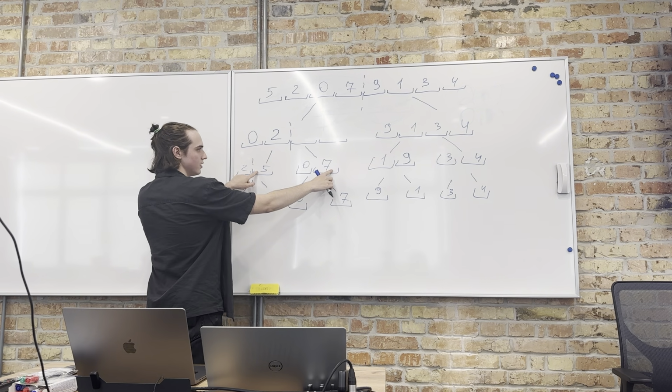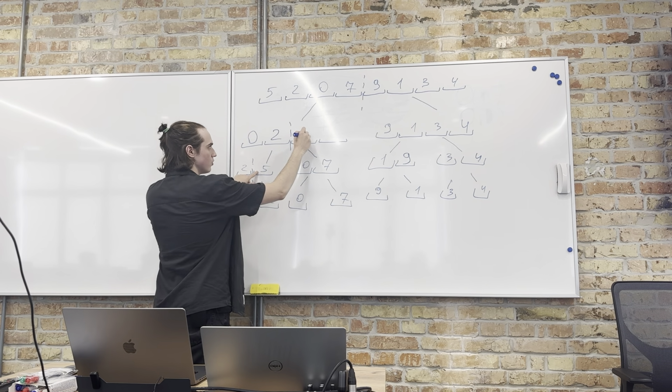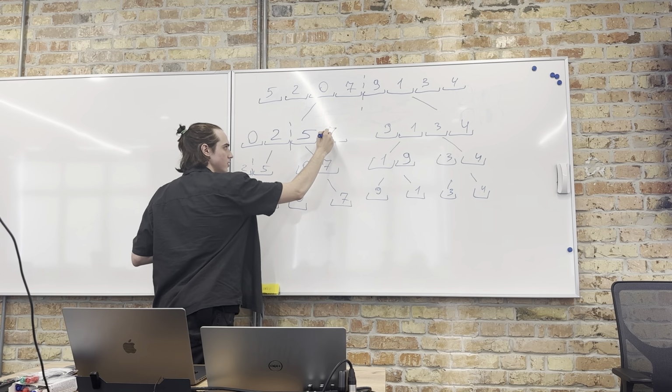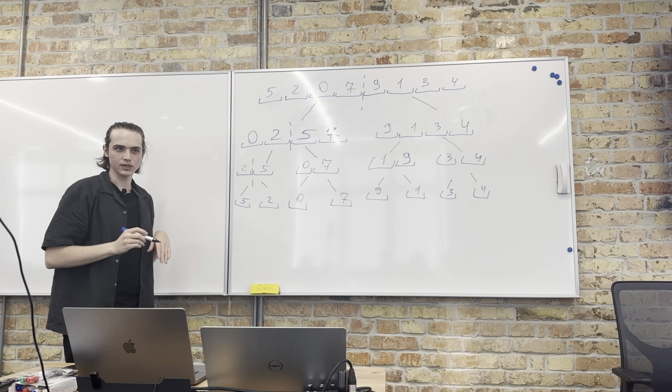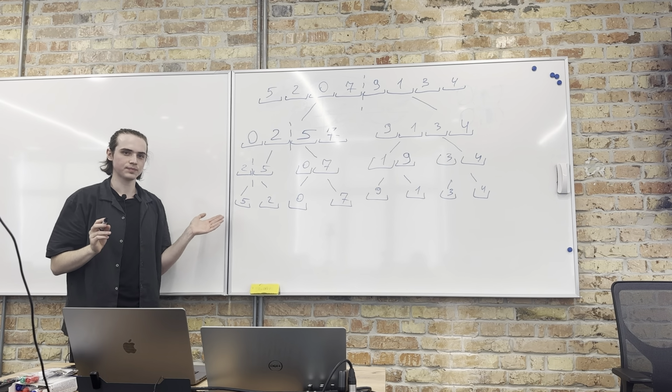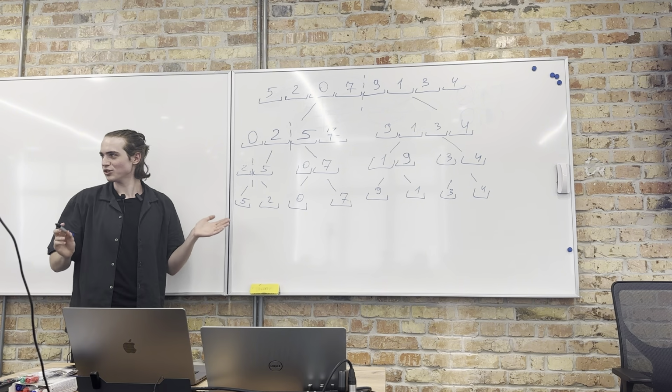Okay, 5 is less than 7, so we write 5. And we are left with 7. We need to write 7. Is it clear? This is called the merge operation. Do you have any questions?